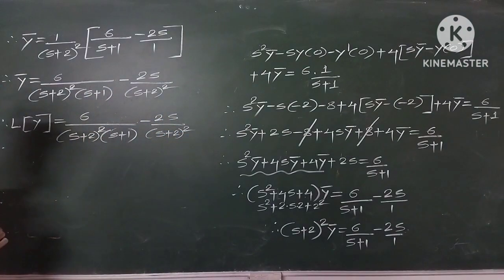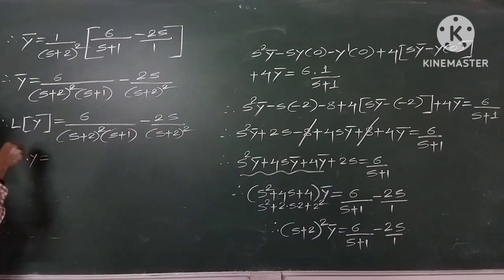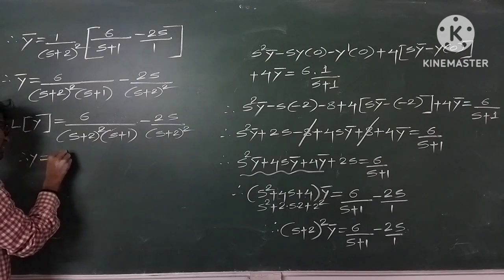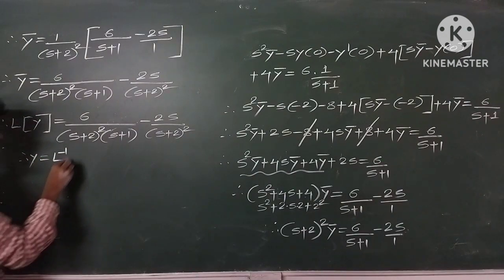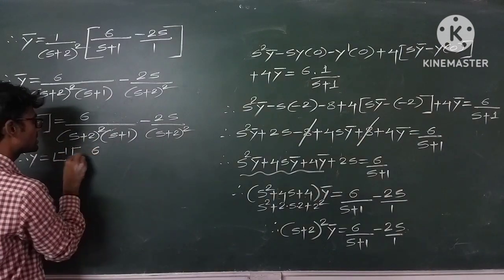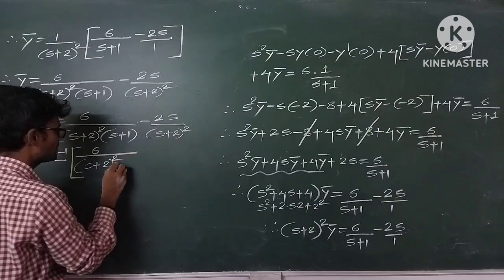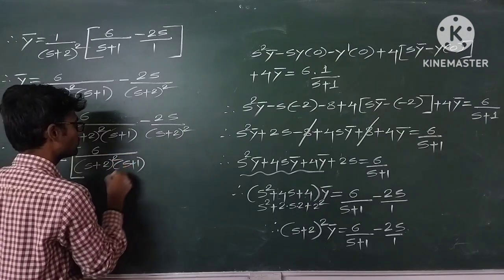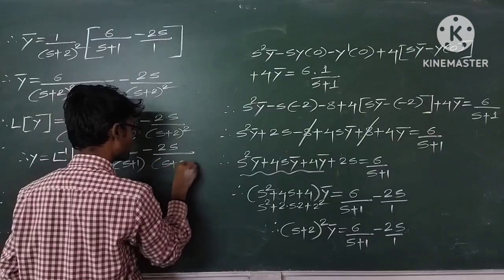So therefore y equals, you take L on this side. It is the inverse Laplace operator: inverse Laplace operator of 6 divided by (s plus 2) whole square into (s plus 1) minus 2s divided by (s plus 2) whole square.